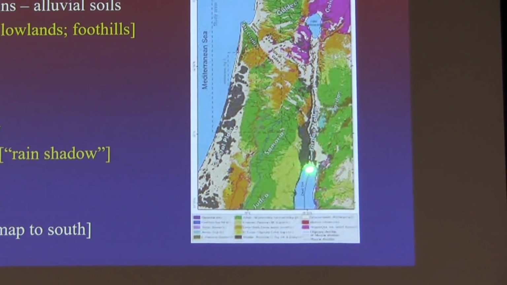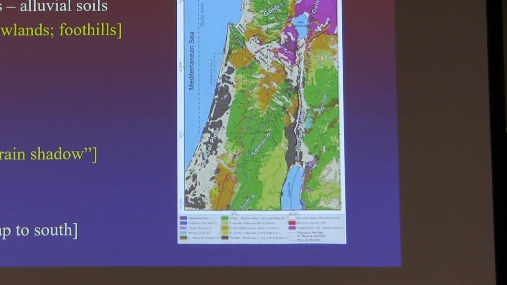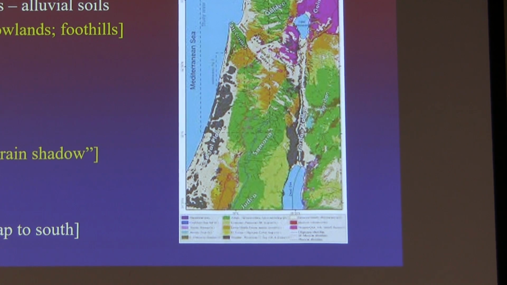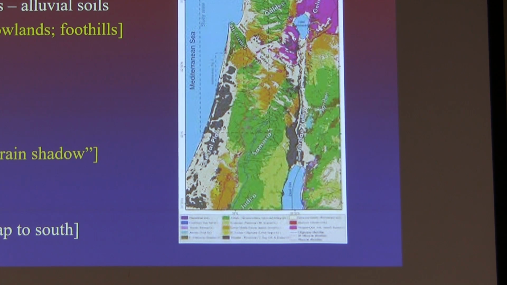Here's the Rift Valley. Just to get a sense in terms of elevations, it might help us to appreciate this rift. Do you remember how to find Jerusalem? North end of the Dead Sea, go west about 12 miles, there's Jerusalem. Notice it's right on the edge, but the elevation there is about 2,500 feet above sea level.